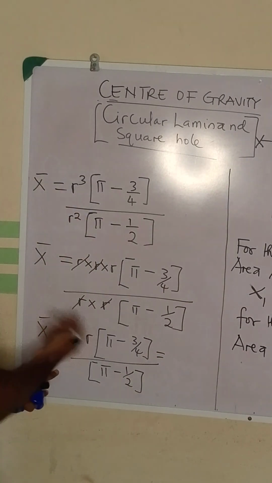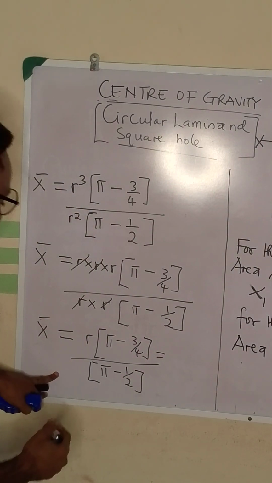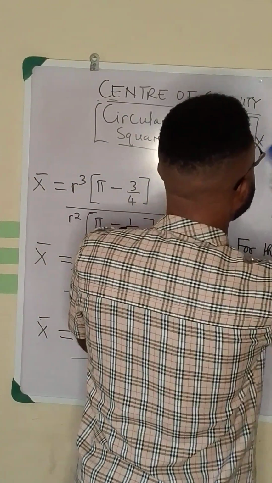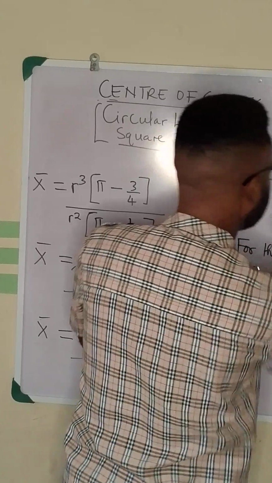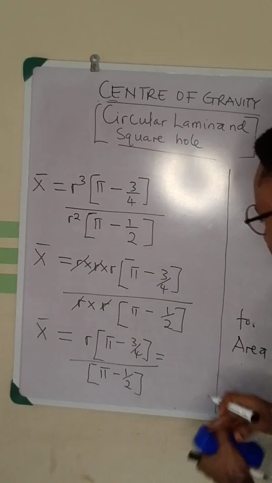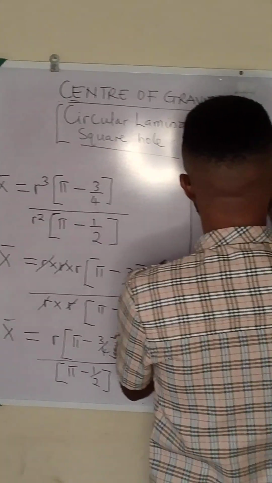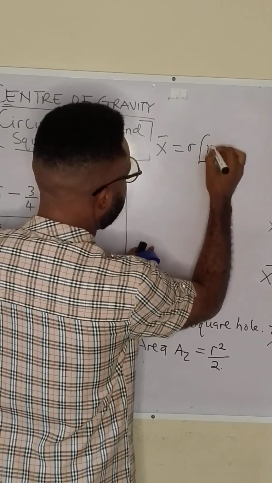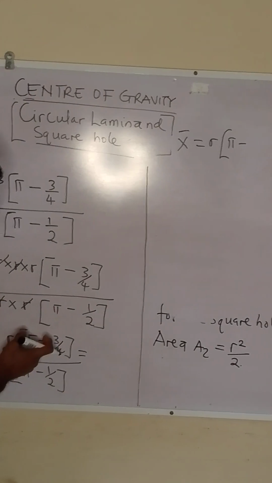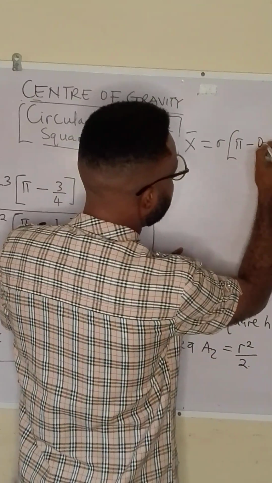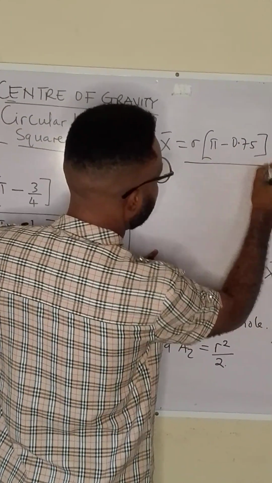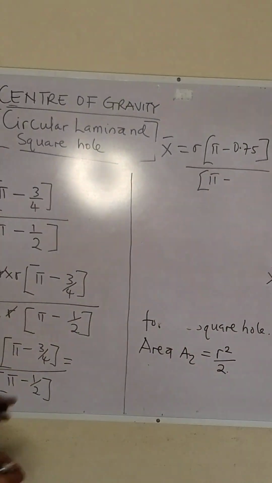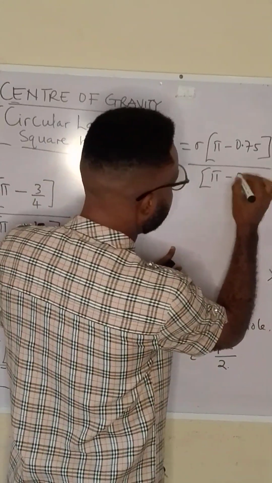We can decide to further break this down to have that x bar will be equal to r into pi minus, we say 3 divided by 4, it will give us 0.75, all over pi minus, we say 1 divided by 2 to give us 0.5.